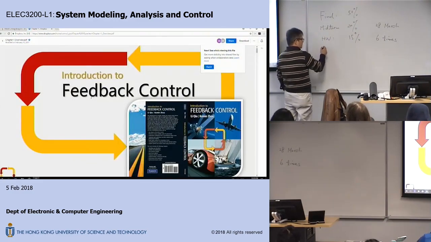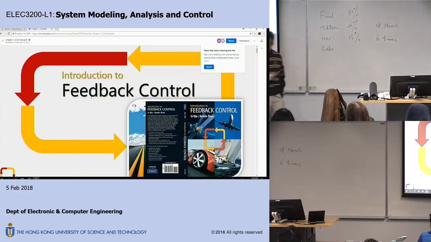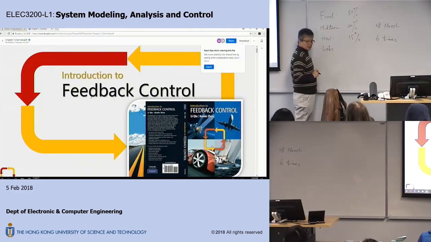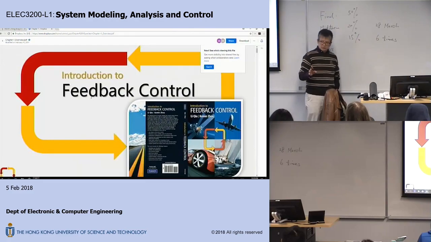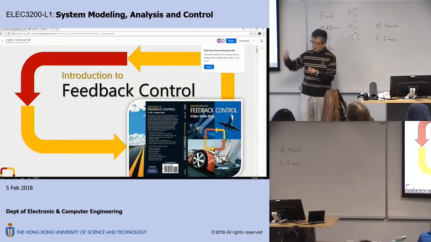We're going to also have a lab. Actually, that's the most important for the course. Not in terms of grade, but I really want to stress the importance of this point. We're going to work on some real stuff. What are the real stuff? Well, I can name some of them, and I'll show you some.